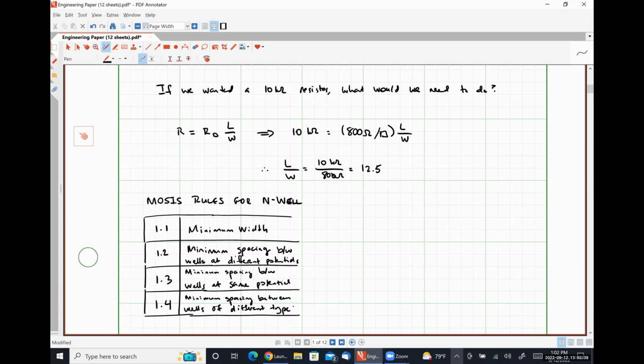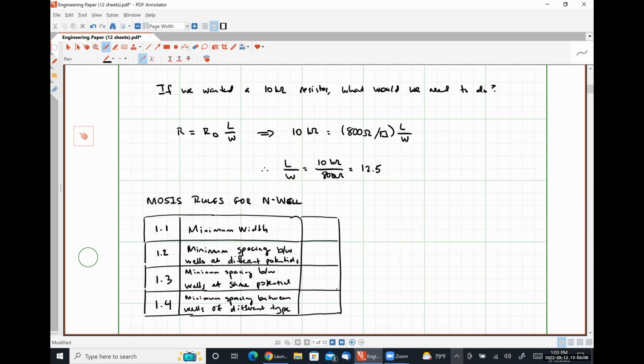And we are going to restrict the data in our table for only the SCMOS processes, which are the ones that we're actually designing towards here. So if you look at your MOSIS tables, which I will present to you, it'll typically have 3 columns: SCMOS, sub M, and deep.